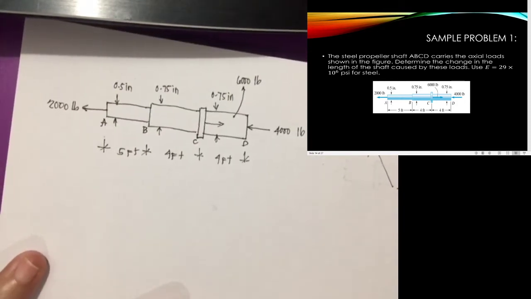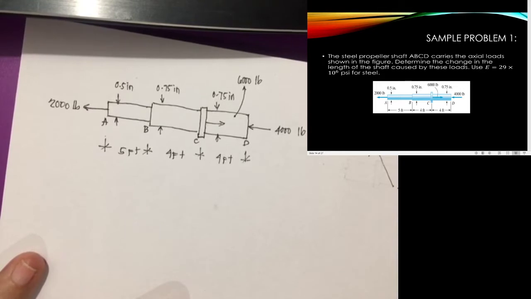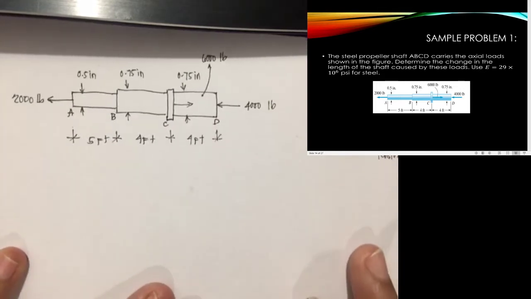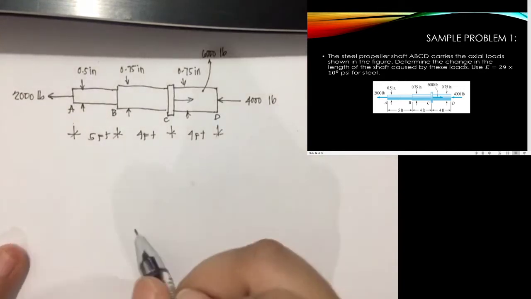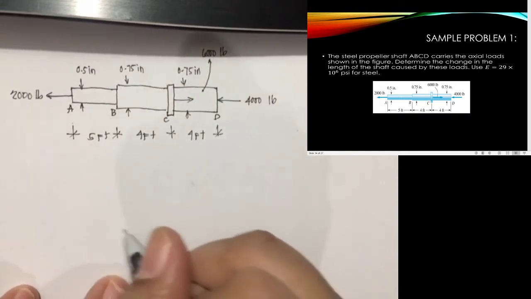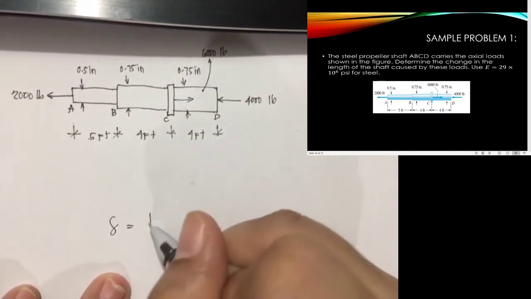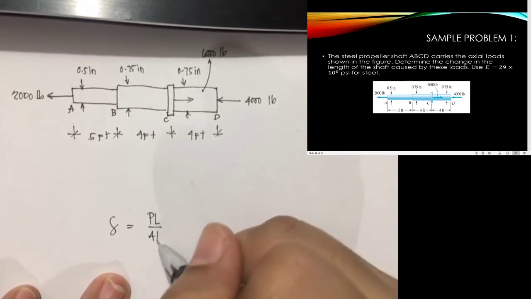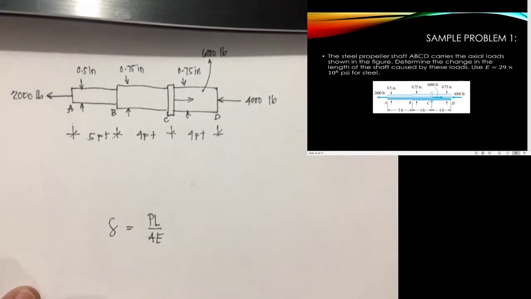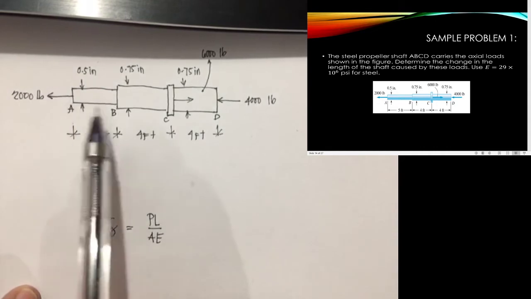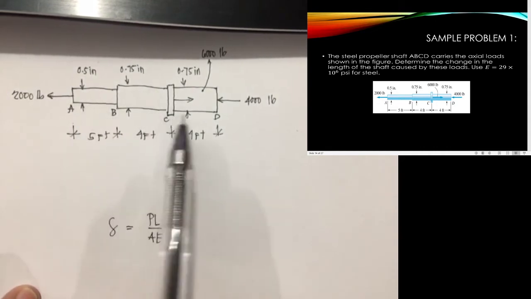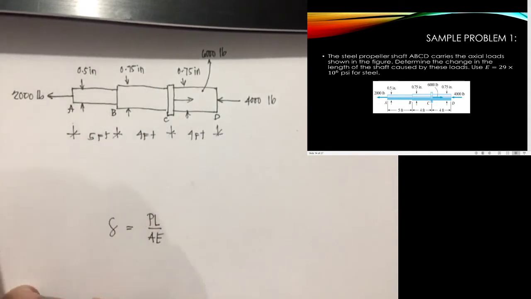So, since we are looking for the change in length, meaning we're looking for the deformation, right? Our formula for that, as what was discussed, is deformation equals PL over AE. But since they have different cross-sections and different applied loads, we're going to analyze them by section.